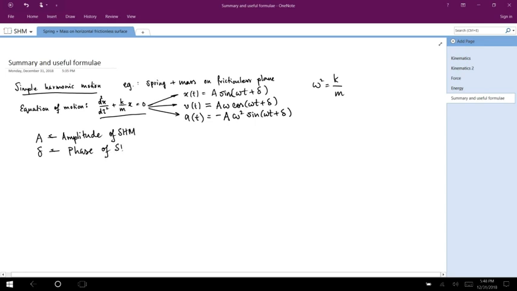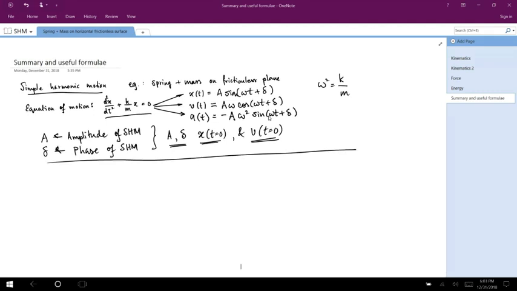Now note that in our particular scenario, we found A and delta by considering the values of x at t equals 0 and v at t equals 0. Generally this is true, that you can find A and delta by knowing x at t equals 0 and v at t equals 0, but not every problem will have the exact same result for A and delta.